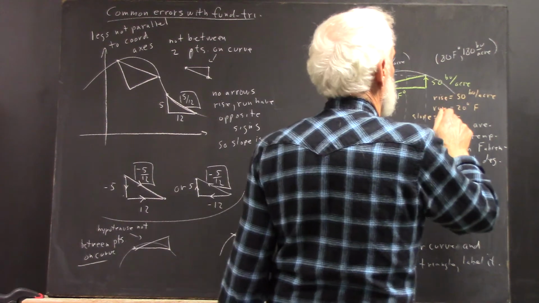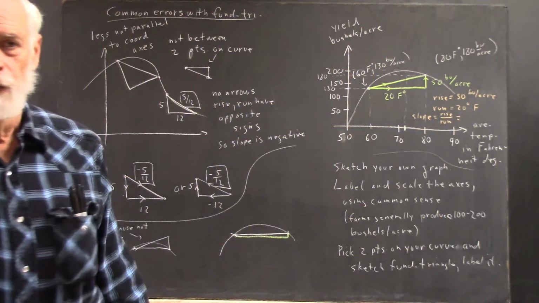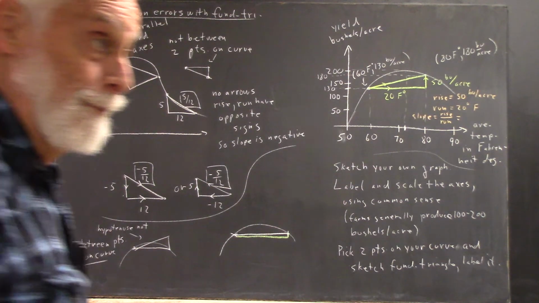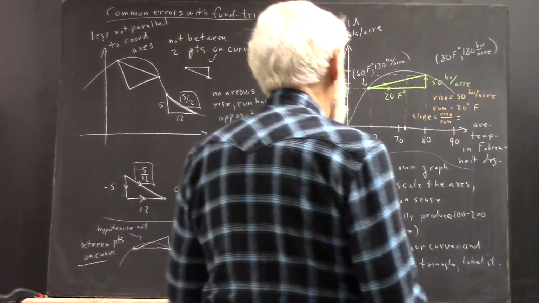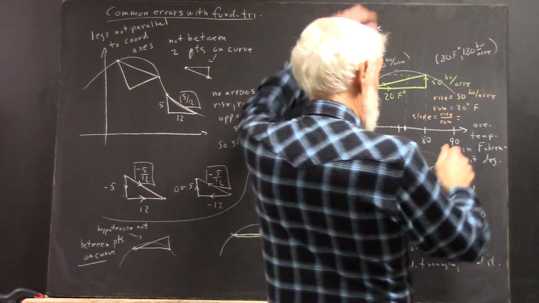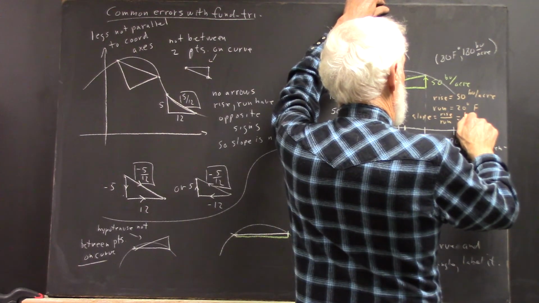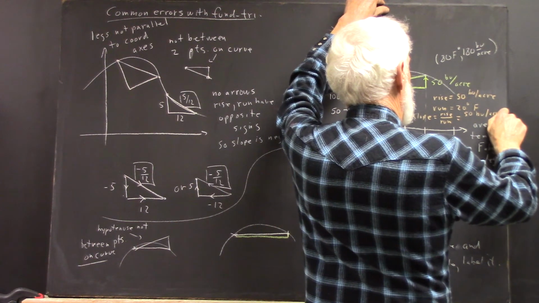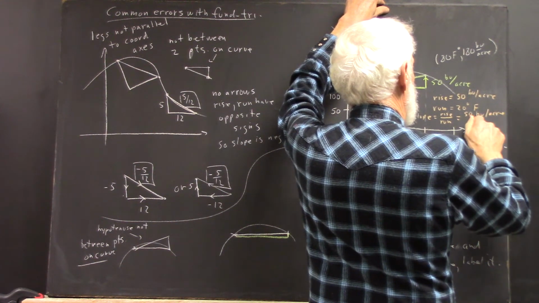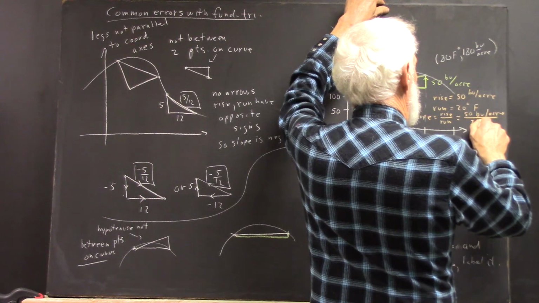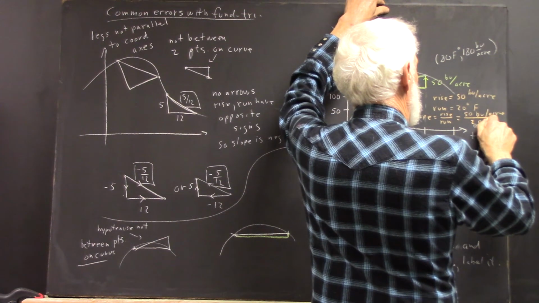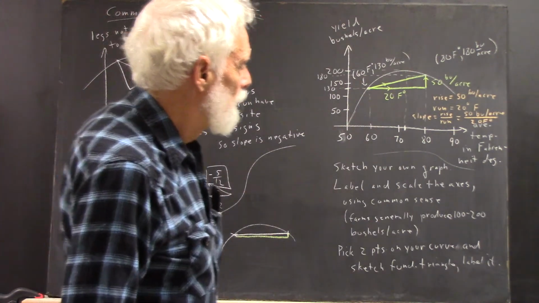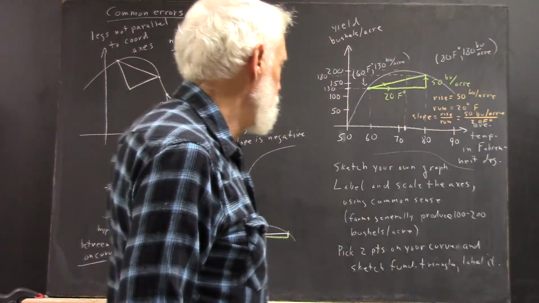Slope equals rise over run. You want to write that out to keep reinforcing it, although you know that pretty well. Okay? I want you to write that out for now. Slope equals rise over run, which is 50 bushels per acre divided by 20 Fahrenheit degrees.